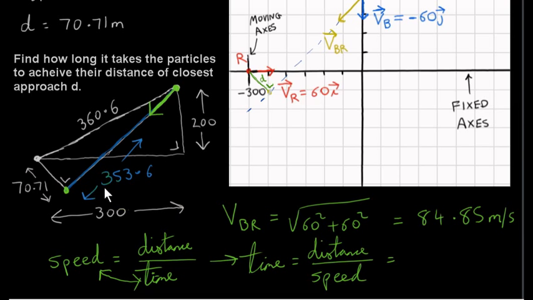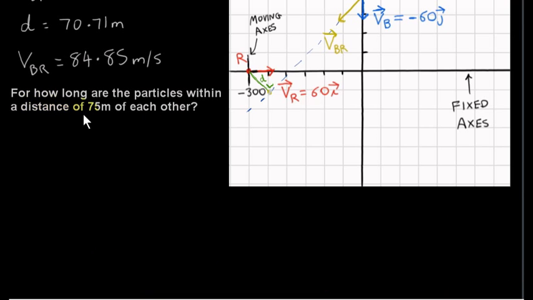So the distance is 353.6 meters and the speed is 84.85 meters per second. The meters cancel out and we're dividing by s underneath, so that's equivalent to multiplying everything by s. So the units will come out to be seconds. We get 4.17 seconds.